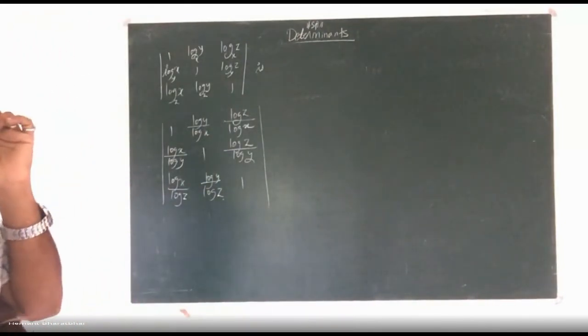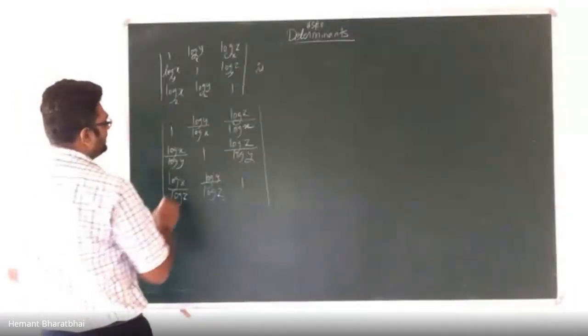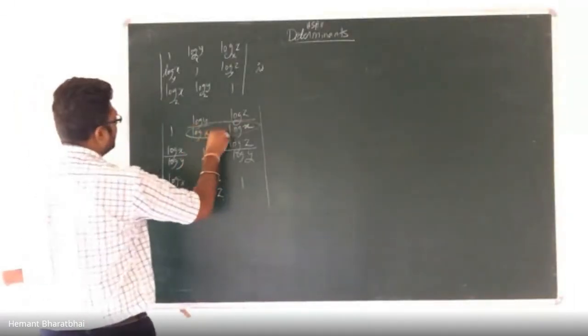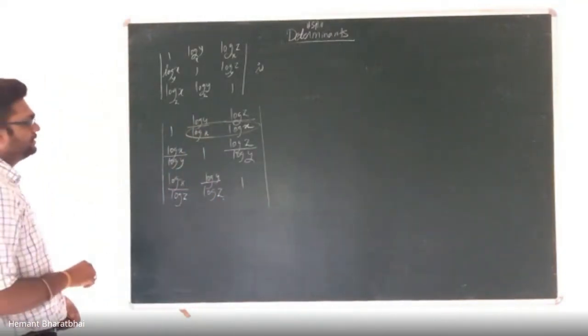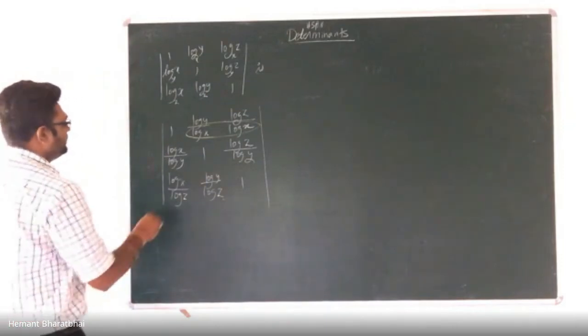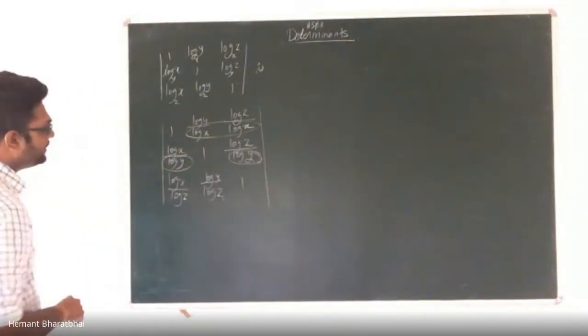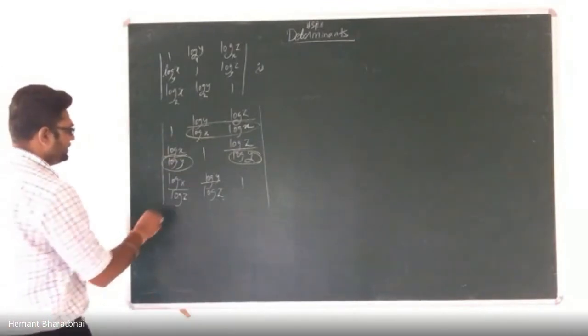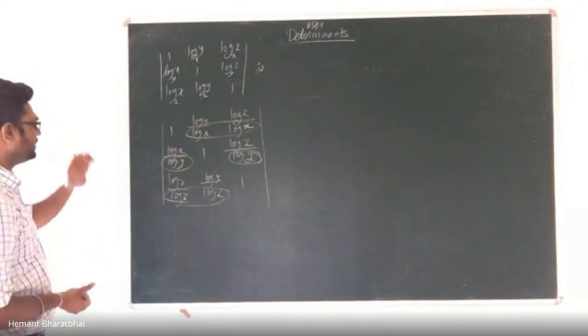So now what I can do is, from this row I can take 1 by log x common. From here I can take 1 by log y common, and from here I can take 1 by log z common.